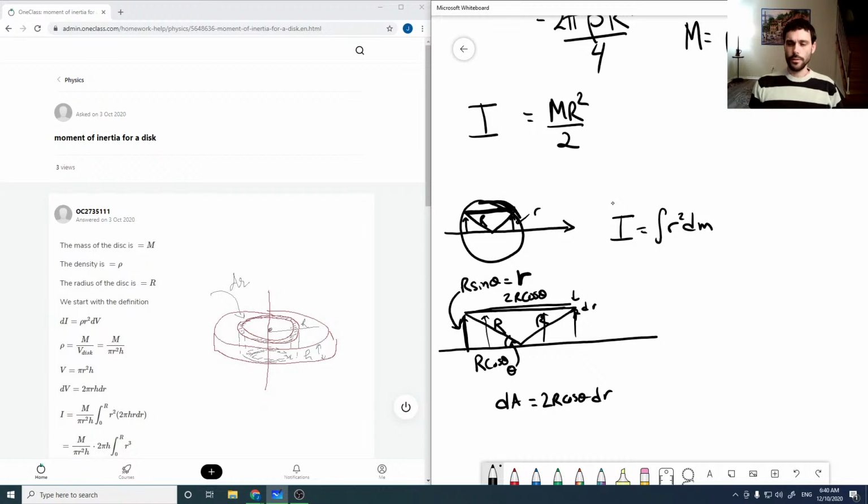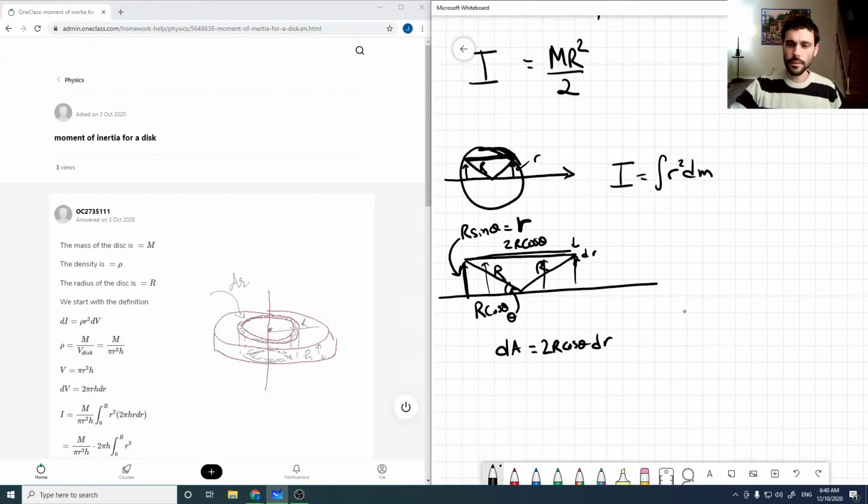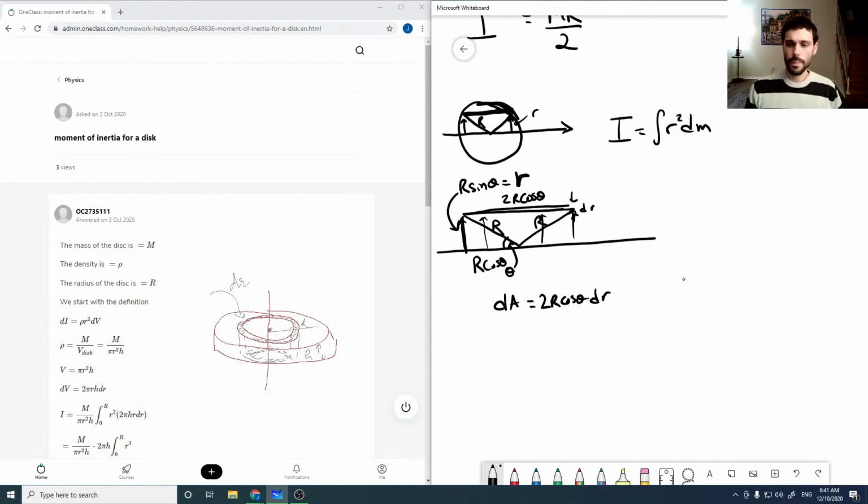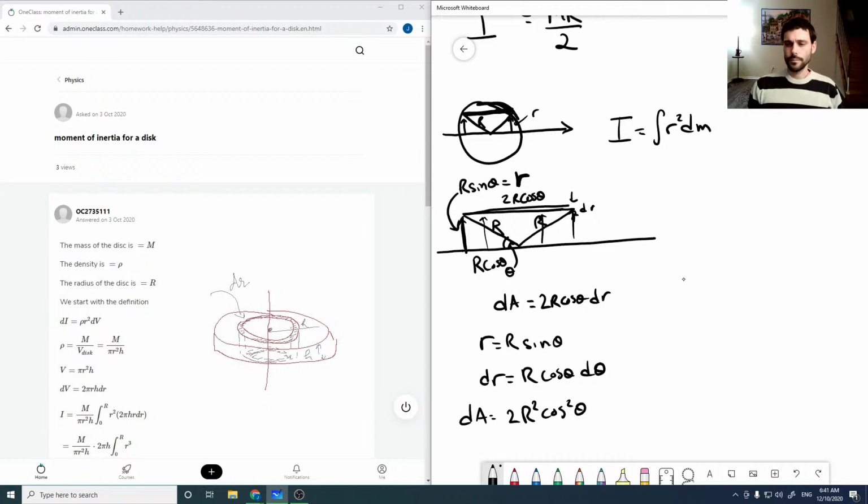Now we want to move to a theta system, and so the easiest way to do that is going to be to just use integrals. So if r is r sine theta, then dr is r cos theta d theta. Plugging that in for our dr, then our area segment is now 2r squared cos squared theta d theta.